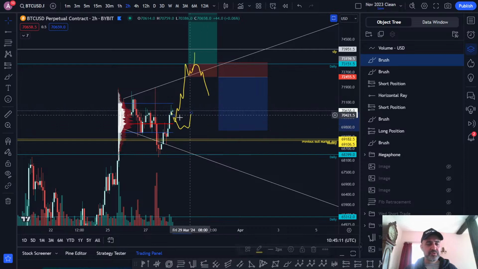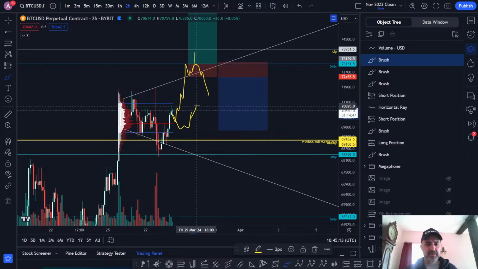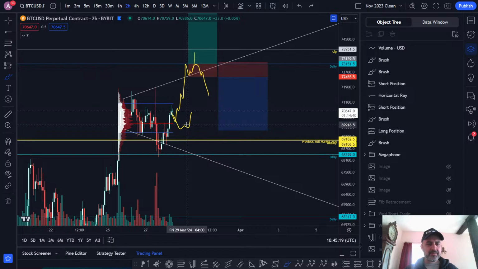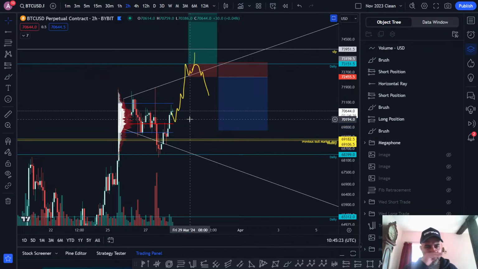And usually these ranges last a long time. They could last for days. So you don't really want to be in a long when you're stuck in a range. This was the best one where you lost the range and you reclaimed the range. That was the best one.